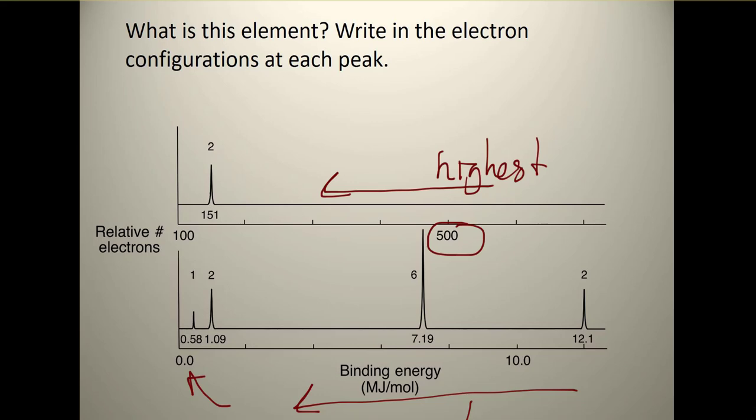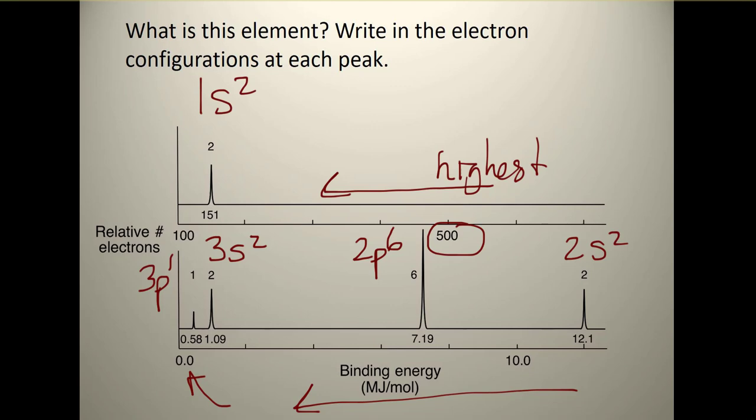Looking at electron configuration, I would identify the first peak as 1s2, the next one as my 2s2 peak, then the next one as 2p6, and after 2p6 I have 3s2, and the very last one would be 3p1 because I only have 1 electron.